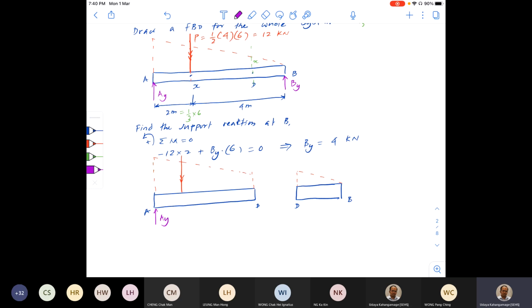And next, at section D, there should be internal forces. In general, there can be three kinds of internal forces. If there are only axial forces, we know that there should be a normal internal force like this. I'll just mark it as N, just to say it is normal.